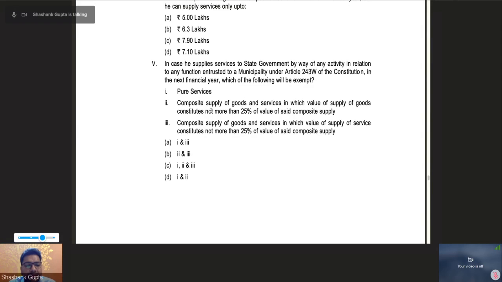Composite supply of goods and services in which value of service constitutes not more than 25% of value of the said composite supply, this is basically just to confuse you. So there is no exemption for this third part, and hence first and second shall be exempt. So the correct option here is the D option, and that will be the answer.